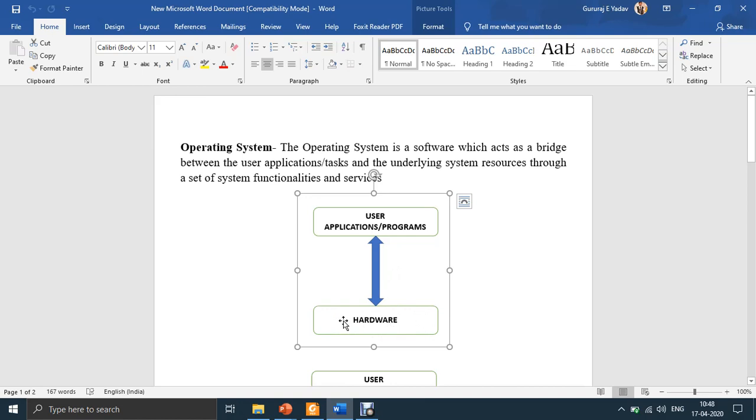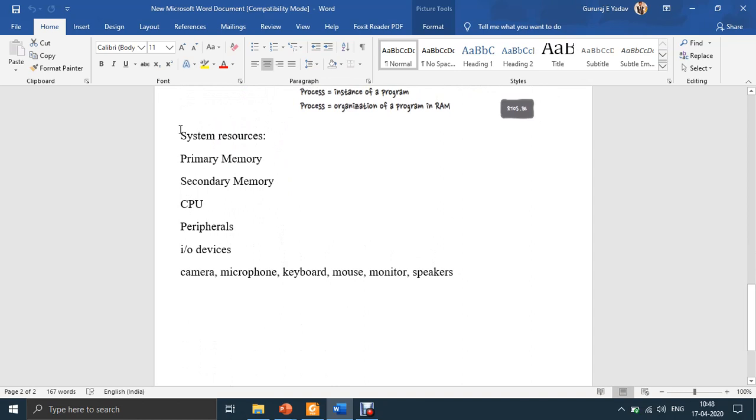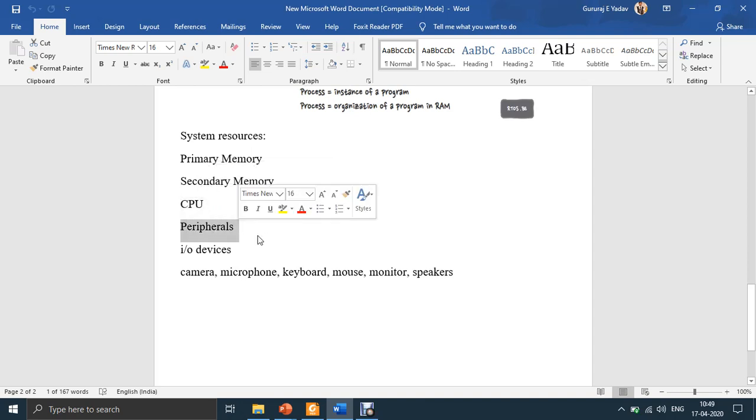What is the hardware? Whenever you say hardware or system resources, it can be the primary memory, which is the RAM. It can be the secondary memory, which is the storage memory, or a ROM. It can be the CPU, which is nothing but the processor. Then peripheral devices like keyboard, mouse, printer, scanners, and various I/O devices like camera, microphone, monitor, speakers.